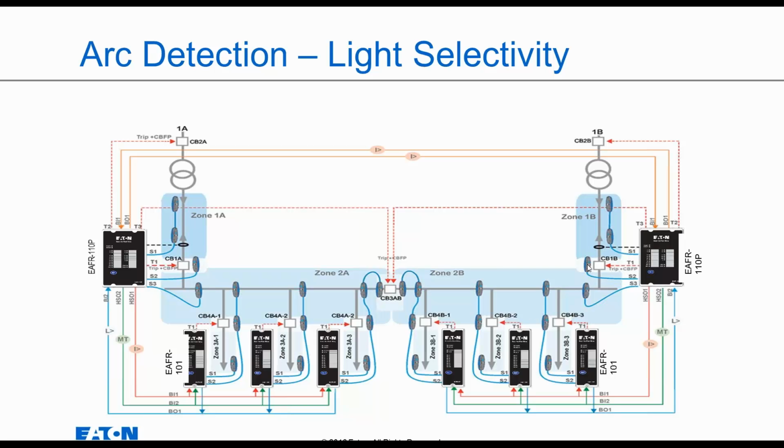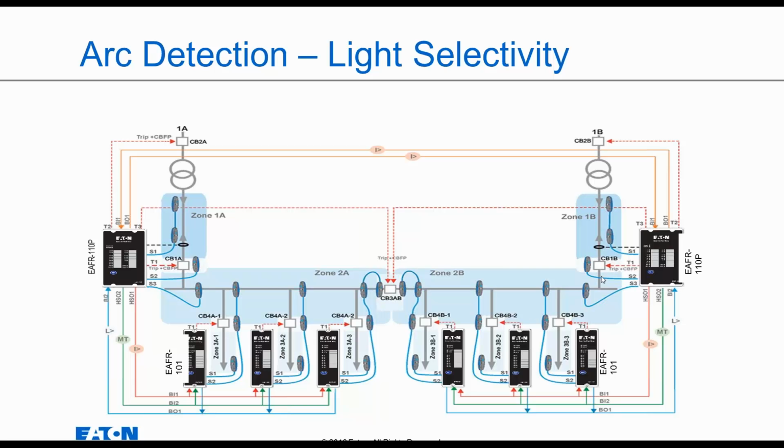Here also we can have a sensor S2 in the circuit breaker compartment. Meanwhile, S3 is in the bus below on the load side of that circuit breaker. And what we can do there is if we see light on S2 or S3, we can trip circuit breaker CB1B with T1.